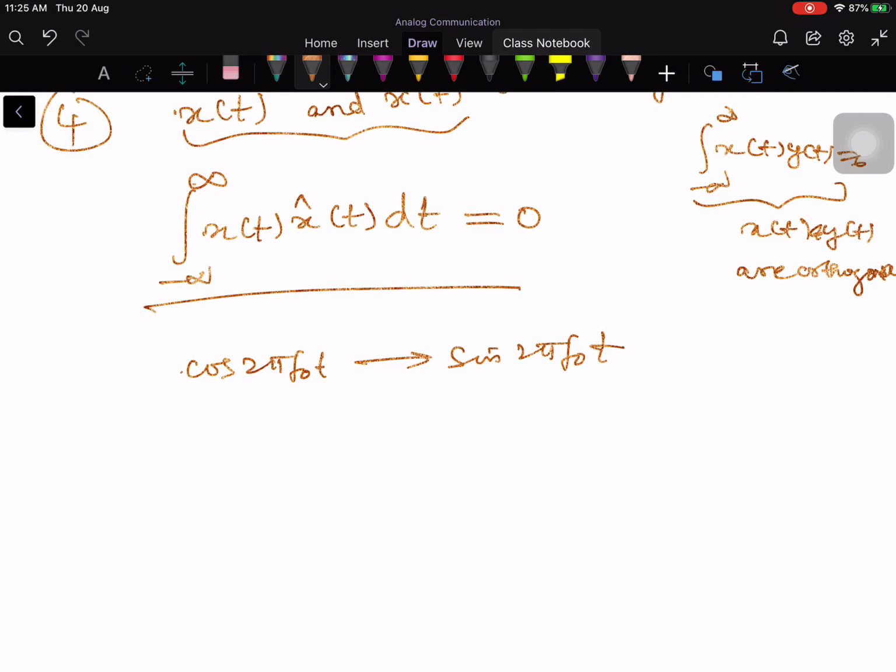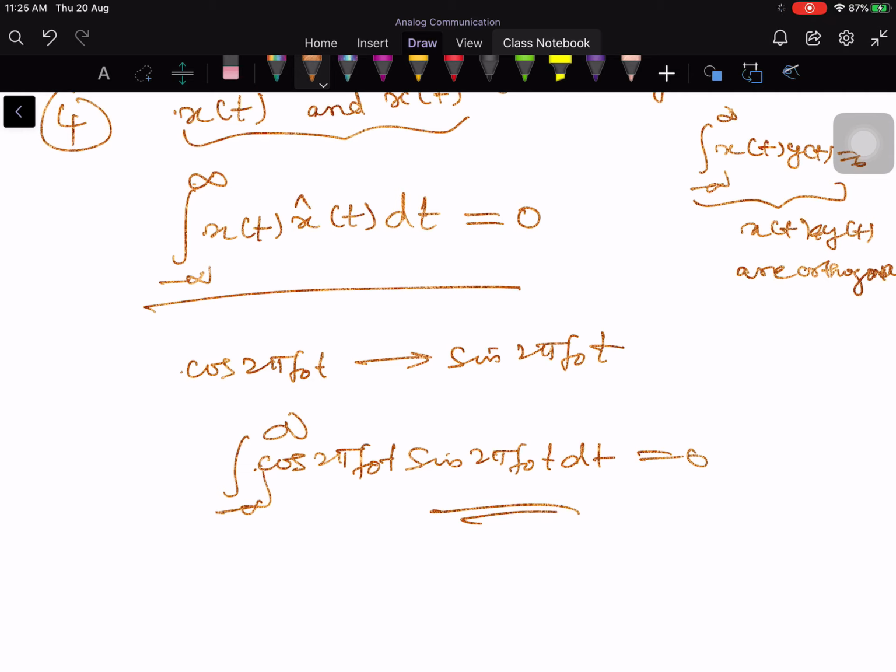In general, one can show very easily that x of t and its Hilbert transform x hat of t would be two orthogonal signals. You can check this actually: cos of 2 pi f naught t times sin of 2 pi f naught t, integrated from minus infinity to plus infinity, is equal to 0.